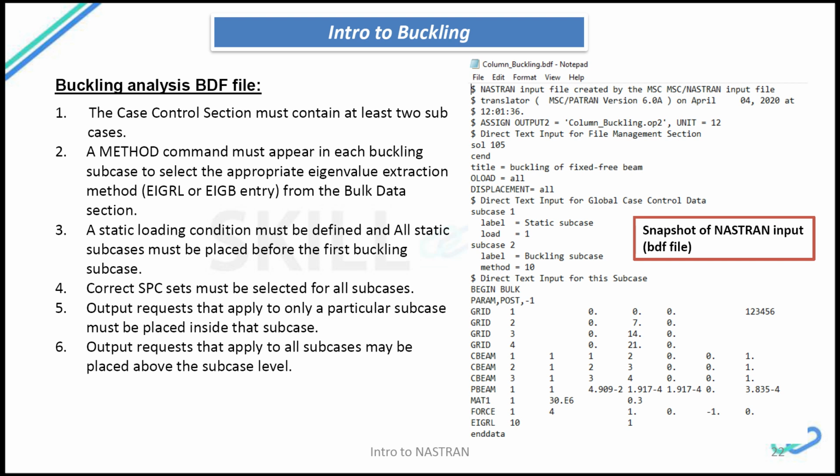You can see that two subcases appear over here. A METHOD command must also appear in each buckling subcase. Within the buckling subcase, you see there is a command called METHOD. So METHOD here represents the eigenvalue extraction method, which is EIGRL or EIGB method.